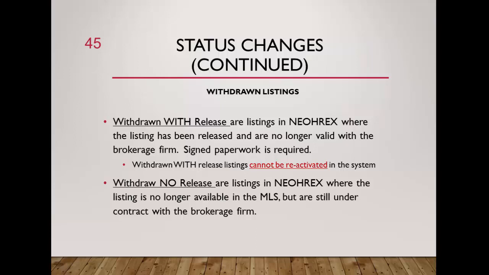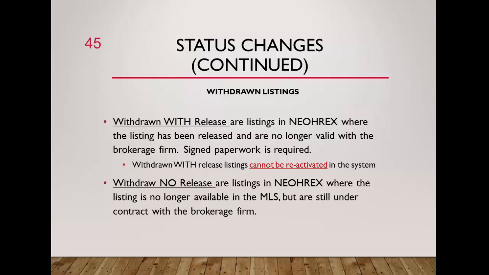And once that mutual release is signed, you can go to the system and withdraw that listing with release. That seller is now able to sell that property with another agent or sell it on their own. They are no longer under contract with you as the list agent. Withdrawn with release listings are not able to be reactivated.